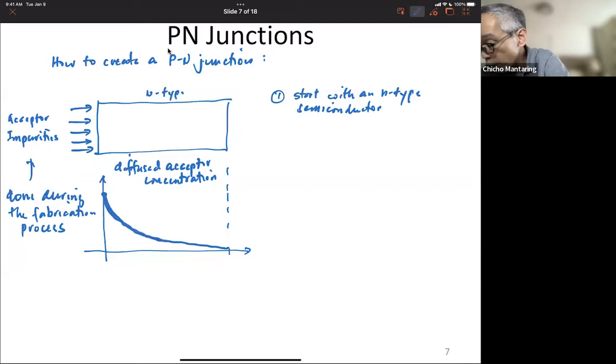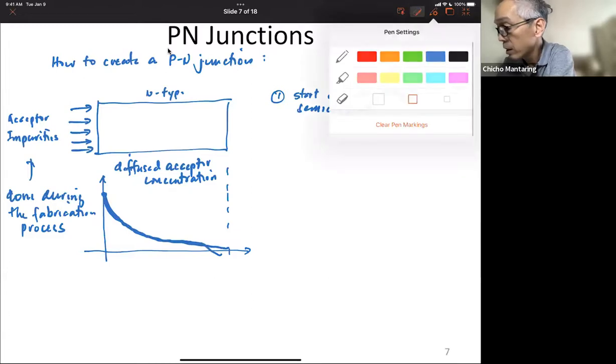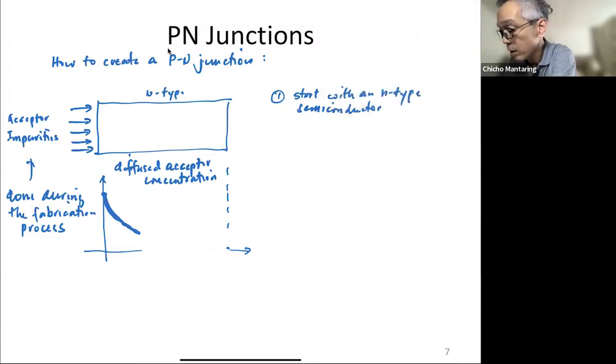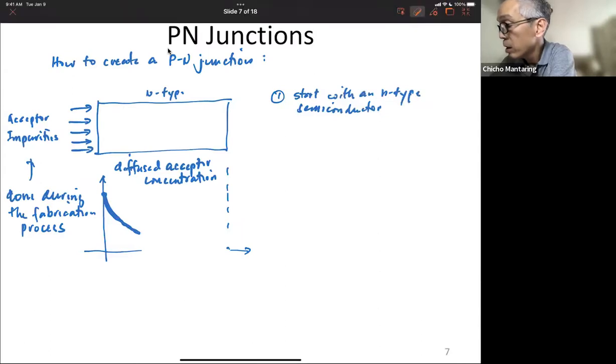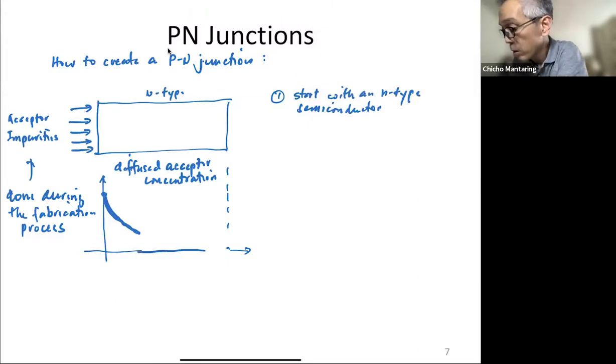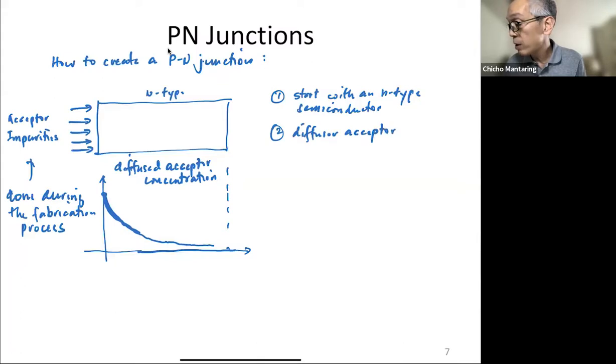It's going to be exponential. This is the diffused acceptor concentration. So you diffuse acceptors, this is the second step: diffuse acceptor impurities at one end.